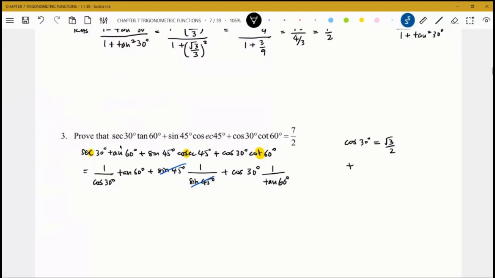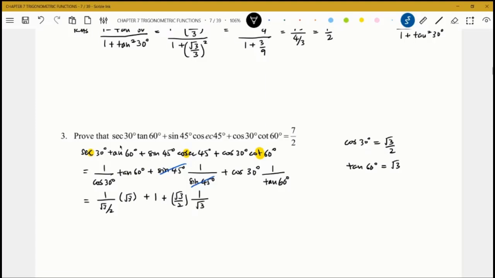And then tangent 60 degree adalah square root 3. And then we substitute here: 1 over square root 3 over 2. Tangent 60 degree adalah square root 3. Di sini adalah 1. And then square root 3 over 2 here. And then 1 over square root 3.